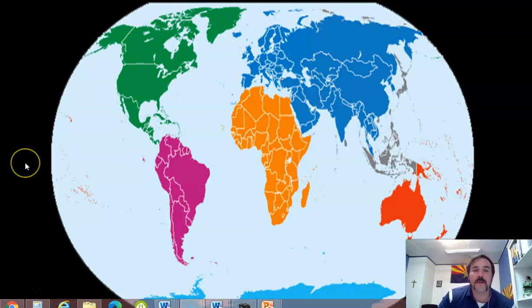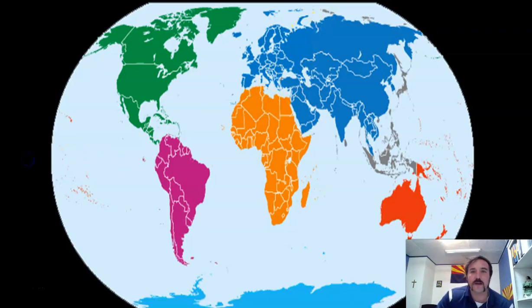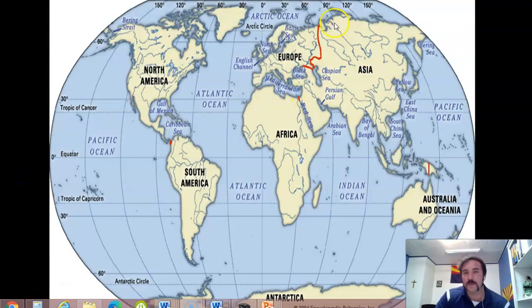The one that's probably hardest to tell is the separation between Asia and Europe, which is right here. I've got a picture that shows it a little better, because that's really the only one without a clear separation. It's this big, huge land mass, but they do have Asia and Europe separated by this line here.